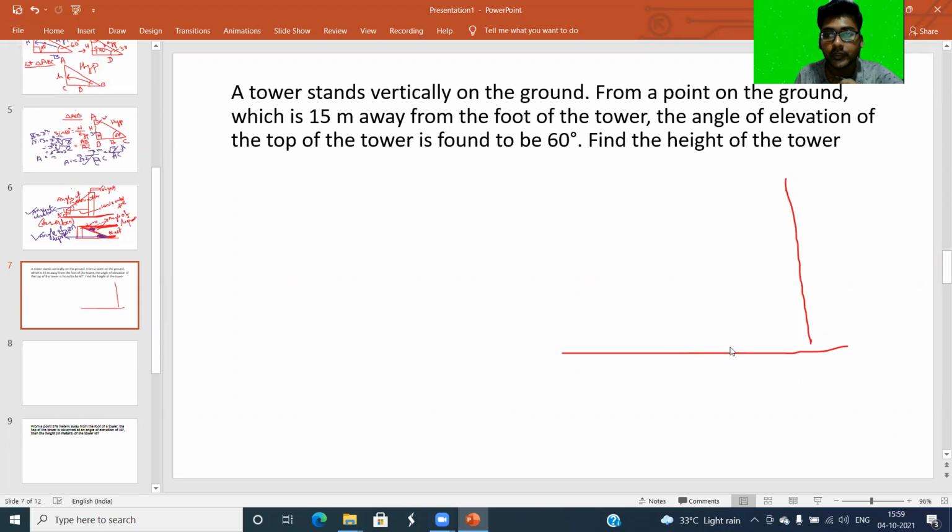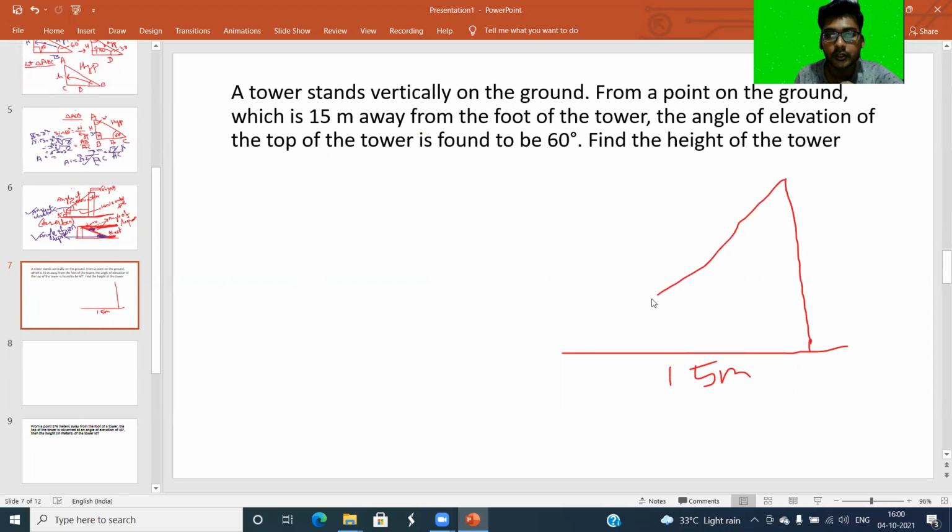This distance is equal to 15 meter. It is the height of the tower, and then the angle of elevation of the top of the tower is found to be 60 degree.